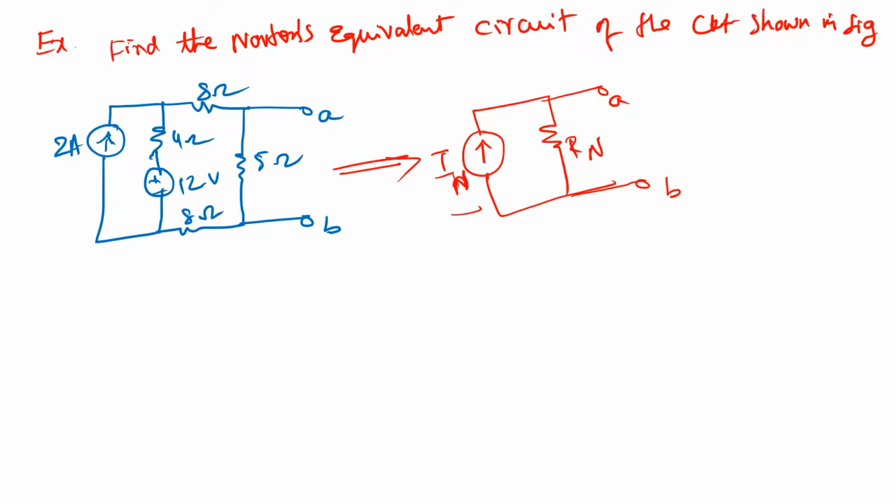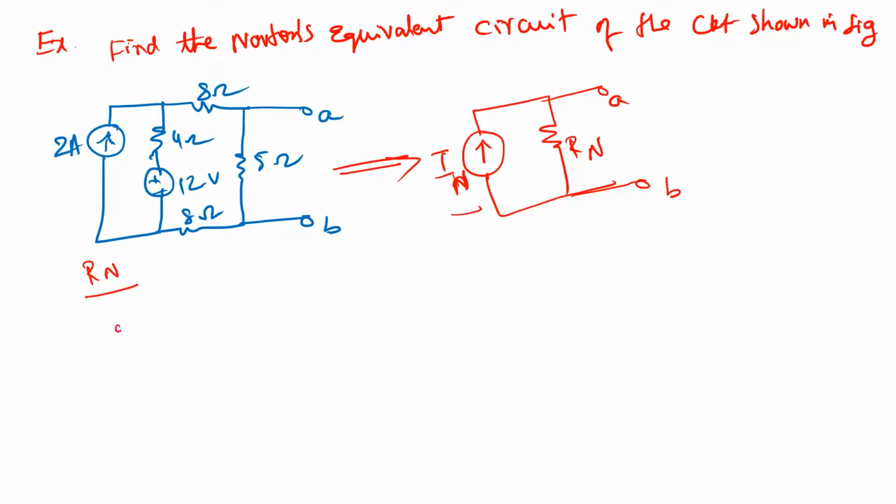First I have to find RN. To find RN from this circuit, you have to switch off all independent sources.